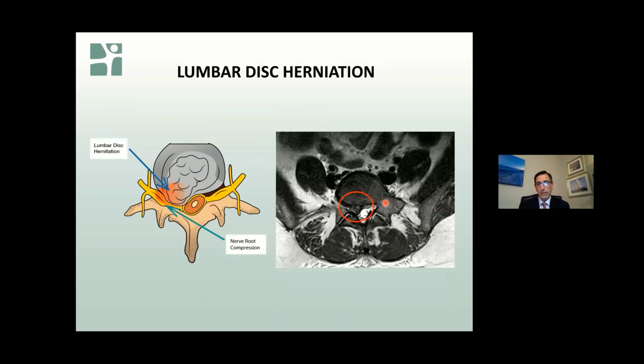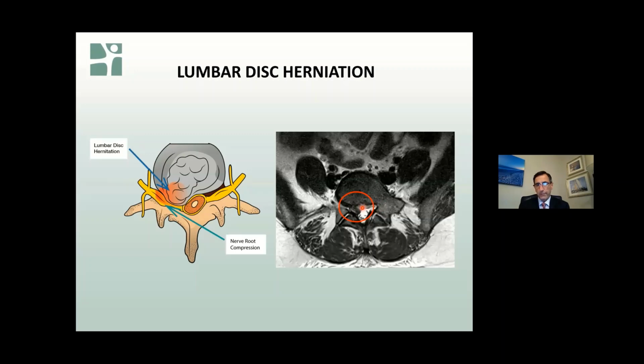And this is an MRI image of a herniated disc in the lumbar spine. This is the sac of nerves, this space here. I've circled the herniation, which is on the right side. On the left side, the nerve is here. That would be the L5 nerve starting to head out of the spine, and that's where it should be.